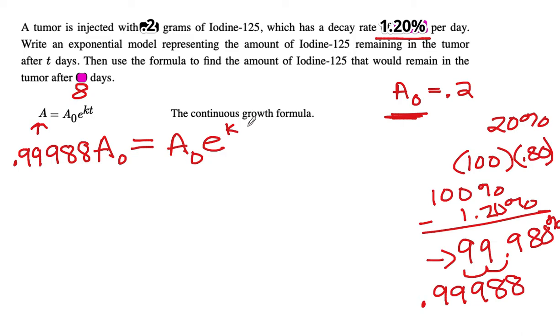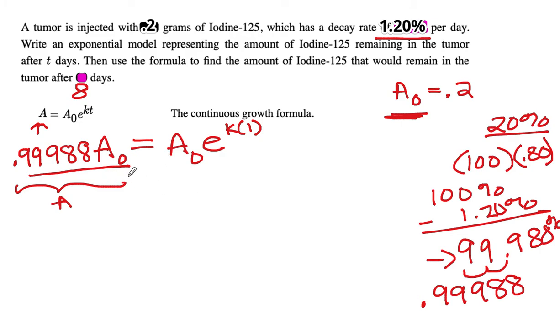And then we're going to put the time in as 1. Why? Because this is what our value for A would be after 1 day, just like we did here, 100 times 0.80.